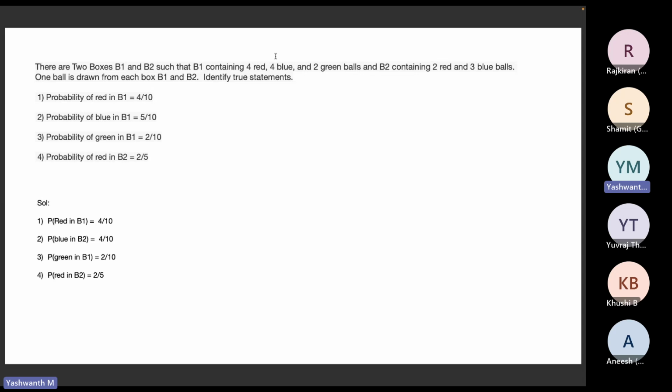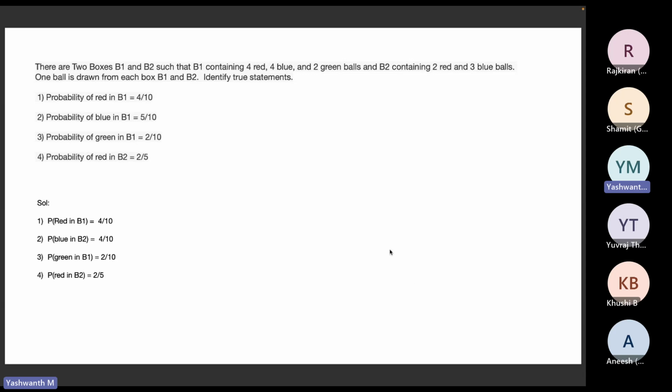Overall, there are 10 balls in box one. And in box two, you have two red balls and three blue balls. One ball is drawn from each box, B1 and B2, and you identify the true statements. I have given the solution here also.